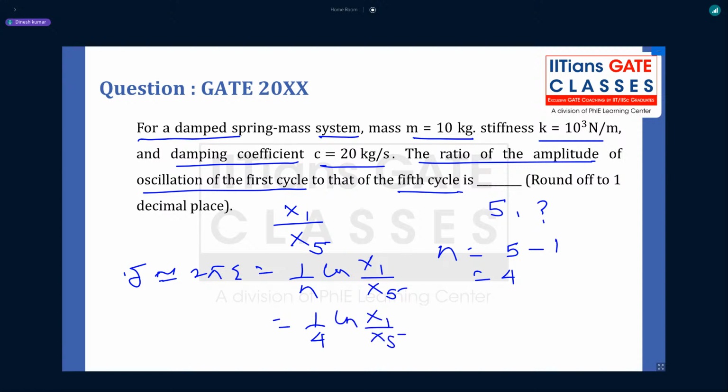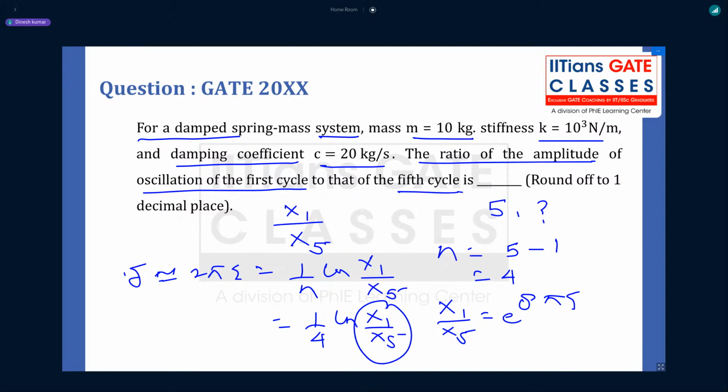They asked for the ratio x1 upon x5. So x1 upon x5 will be e to the power 8 pi zeta, right? Am I correct? Yes, it is e to the power 8 pi zeta.